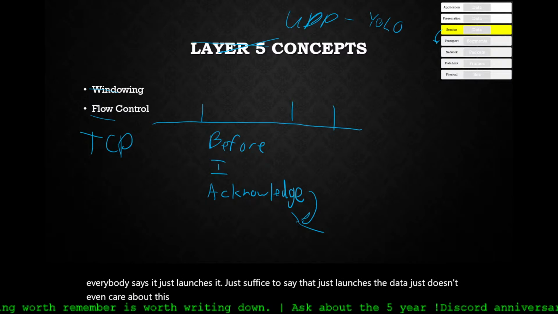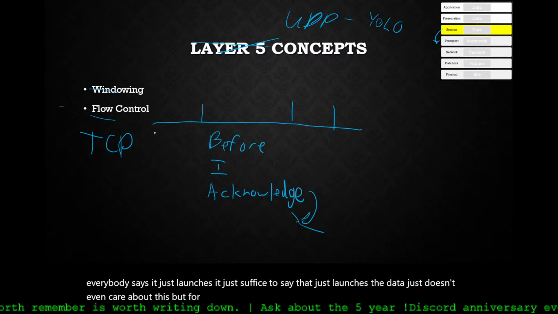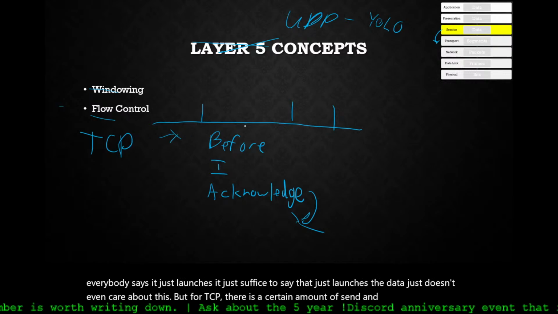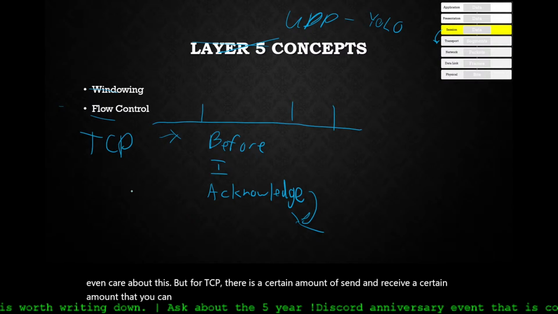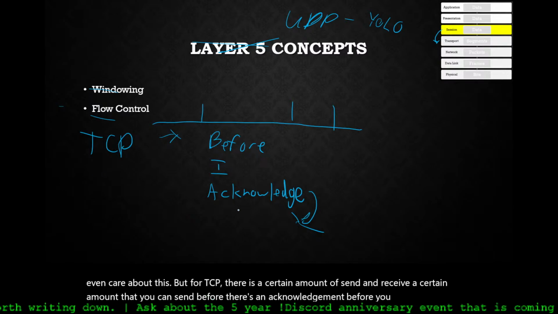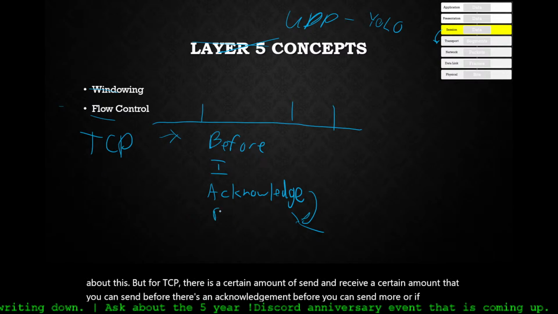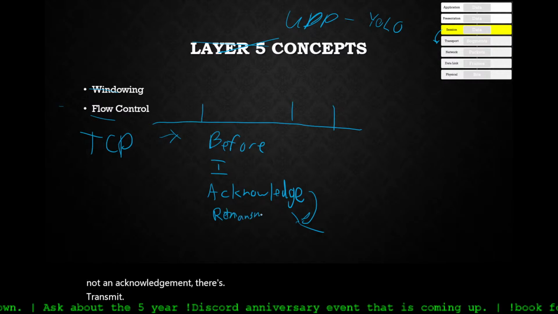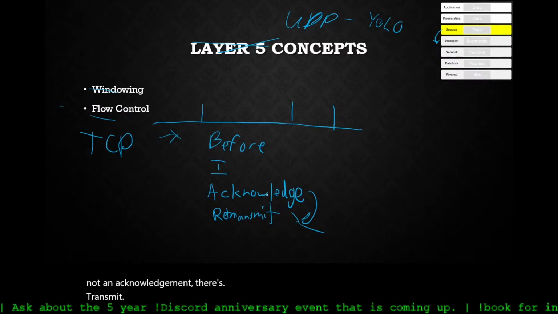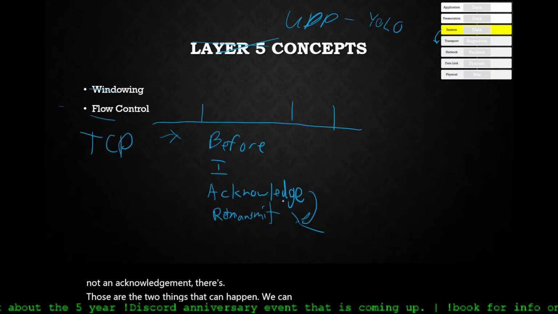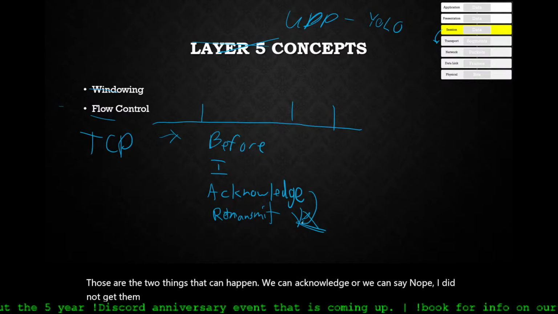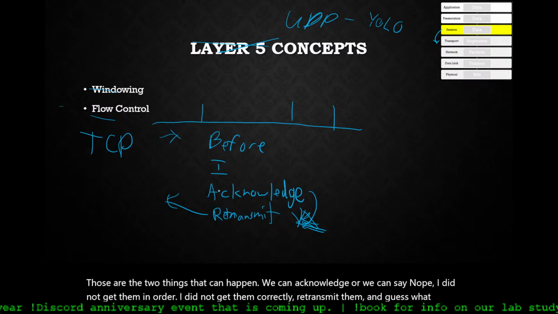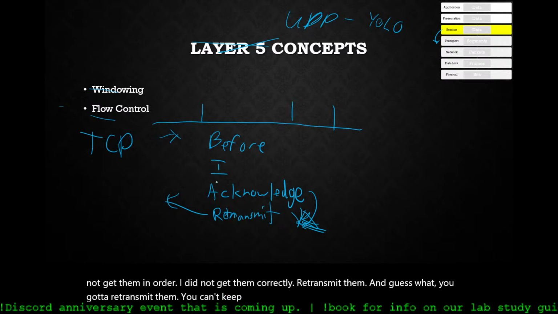But for TCP, there is a certain amount that you can send before there's an acknowledgement before you can send more. Or if there's not an acknowledgement, there's a retransmit. Those are the two things that can happen. We can acknowledge, or we can say, nope, I did not get them in order. I did not get them correctly. Retransmit them. And guess what? You can't keep going. You've got to retransmit them with TCP.